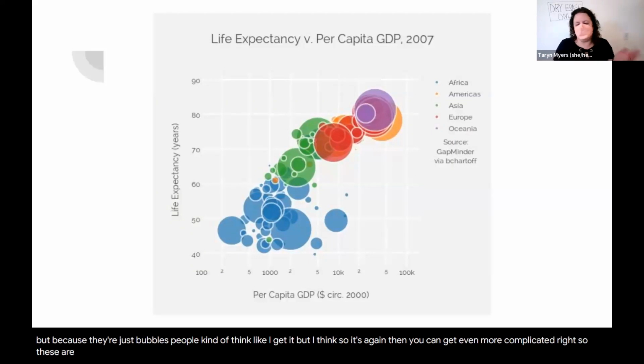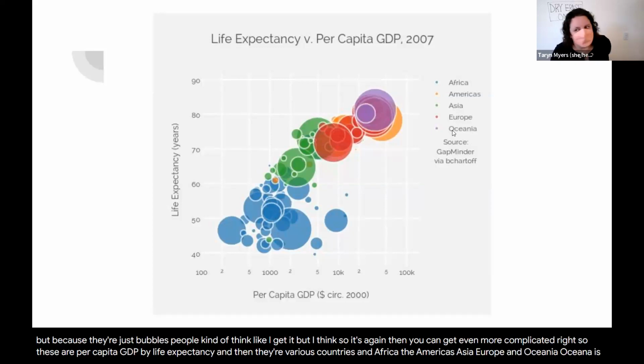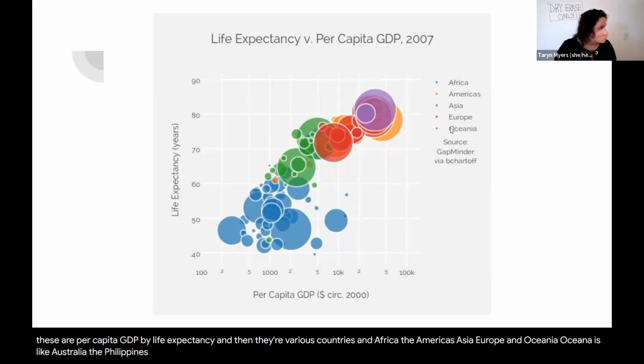So these are per capita GDP by life expectancy, and then there are various countries in Africa, the Americas, Asia, Europe, and Oceania. Oceania is like Australia, the Philippines, that area of the Pacific.